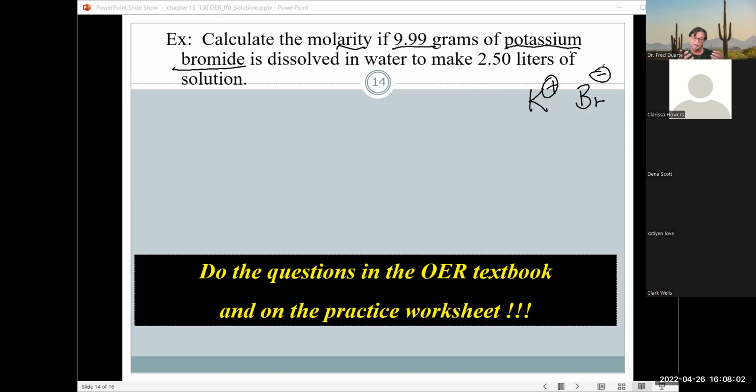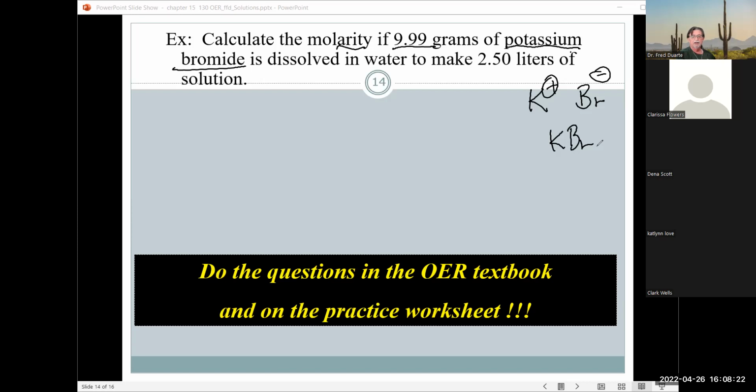It's a nonmetal, so it would gain electrons. So those are the ions that are the factor here. Now I've got to put them together with the correct number of each to cancel out the charges. And fortunately, it's a simple 1-to-1. It's simply KBr.